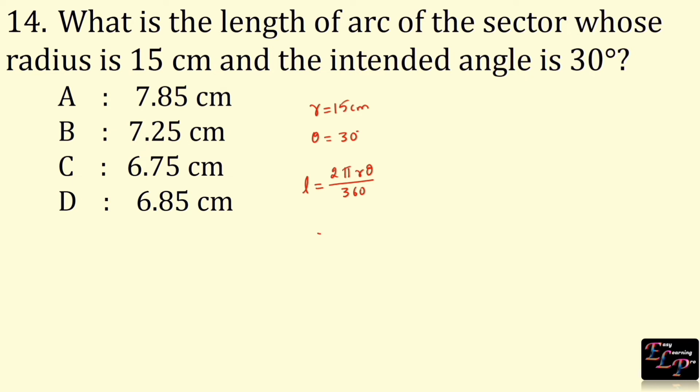Substitute the values. 2 into pi is 3.14 into r is 15 into angle 30 divided by 360. 7.85 centimeter. The correct answer is option A, 7.85 centimeter.